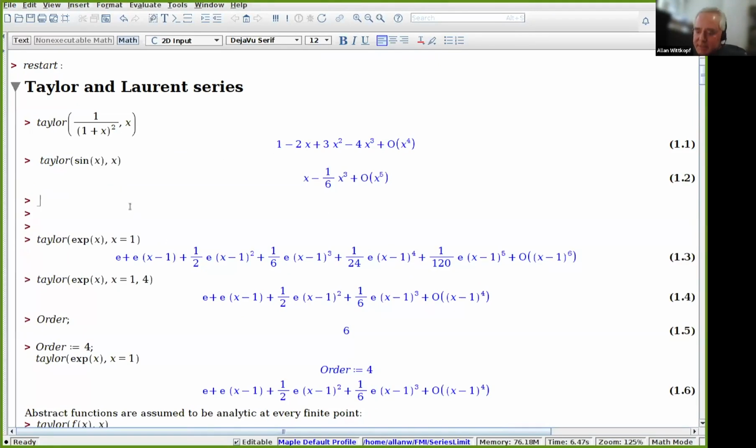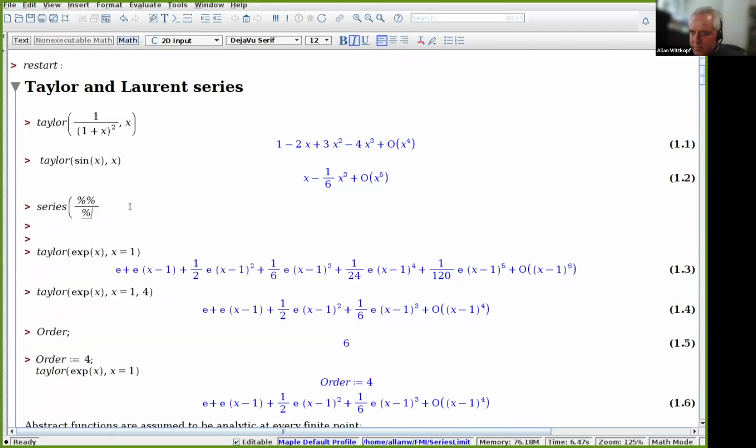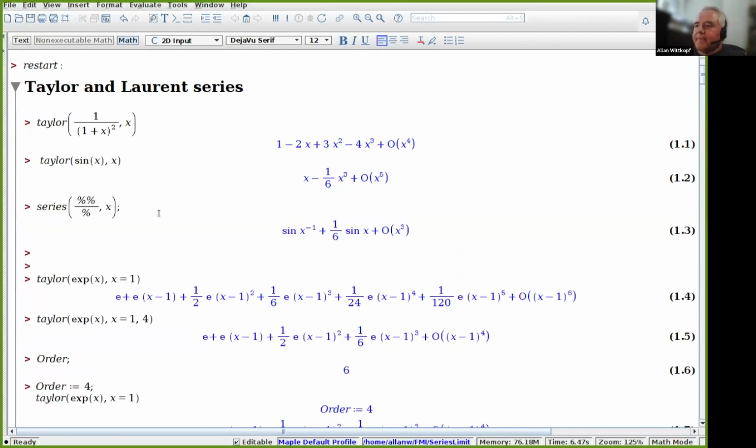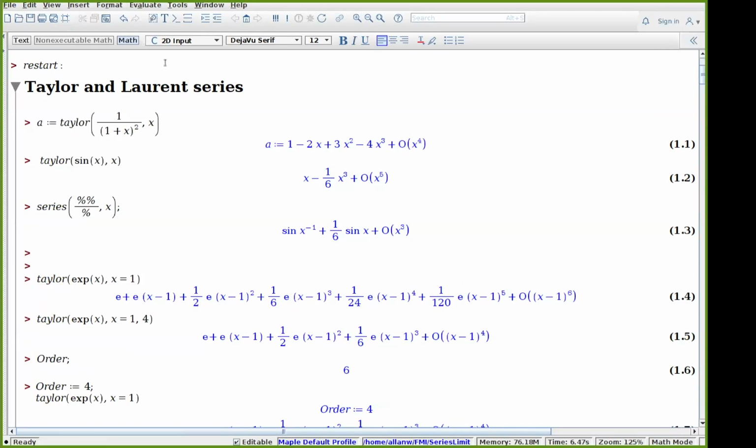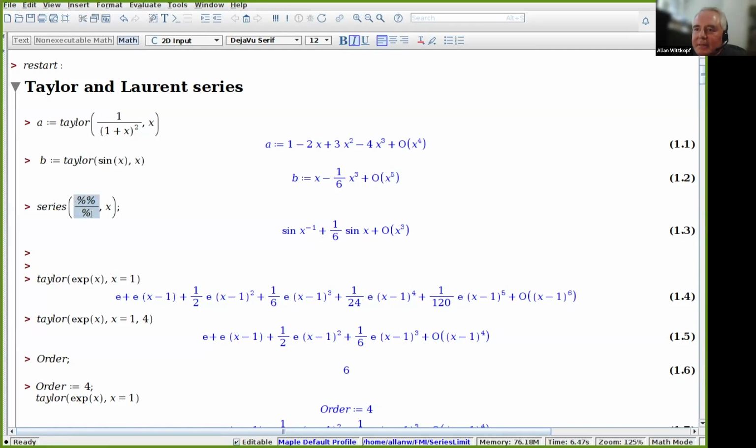Okay. And then I'll say, oops, what did I do wrong there? You clicked on a Taylor of sine twice. Oh, right. Okay. No, this will work then.